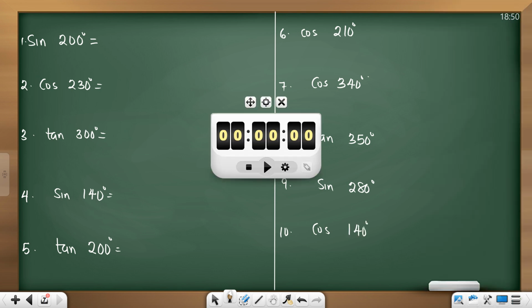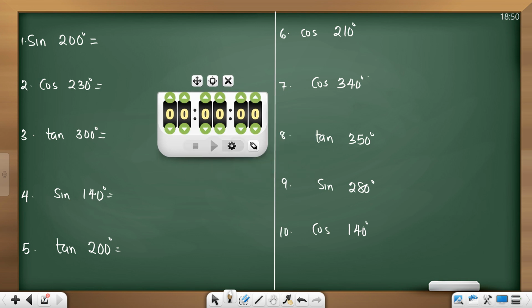You can use 1 minute on each. It could be nice. 12 minutes.